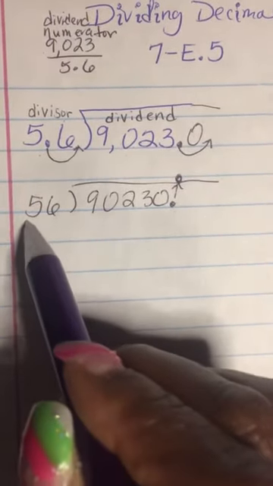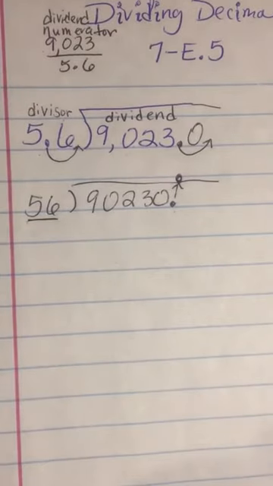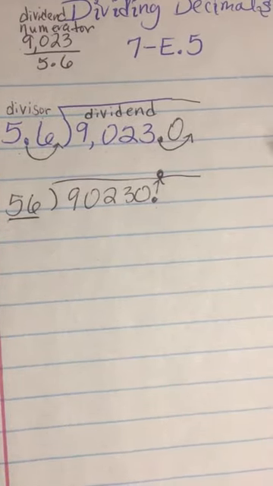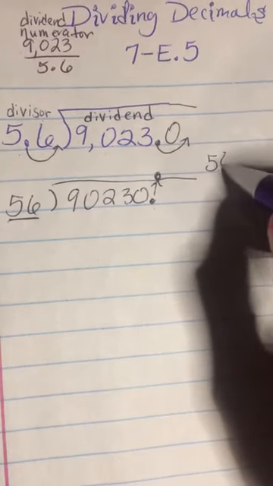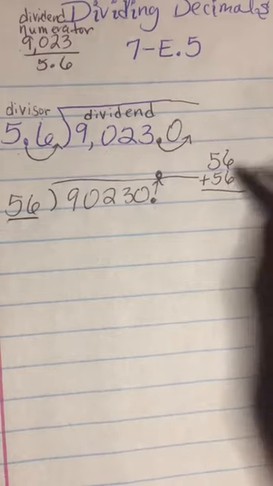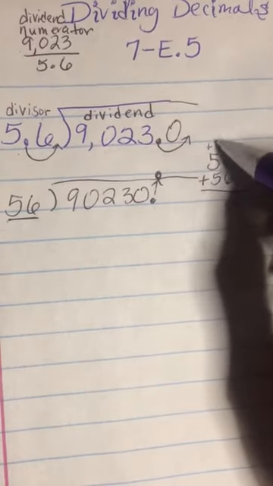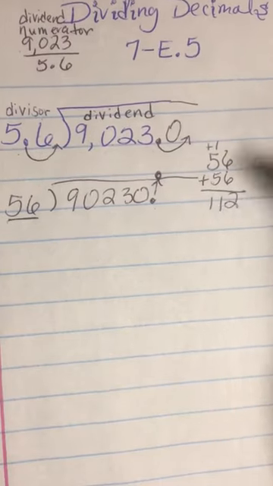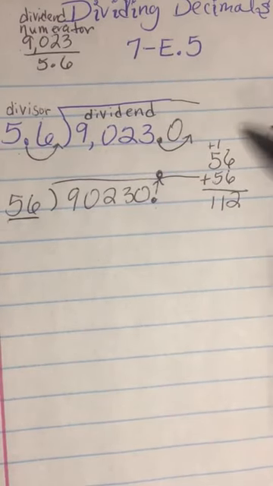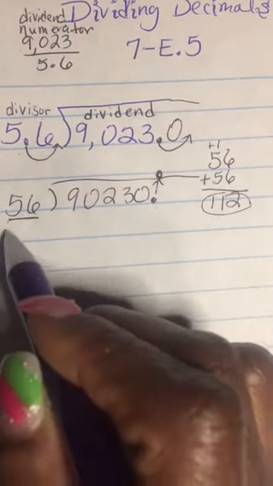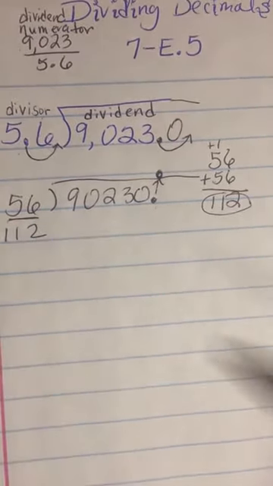Now, we're going to write the multiples of 56. That means that we are going to add 56 plus 56. 6 plus 6 is 12. Put the 2, carry the 1. 5 plus 5 is 10 plus 1 is 11. So your multiples of 56 are 56. The next multiple is 112.